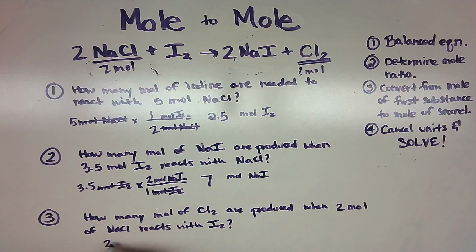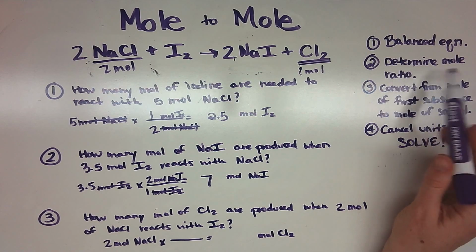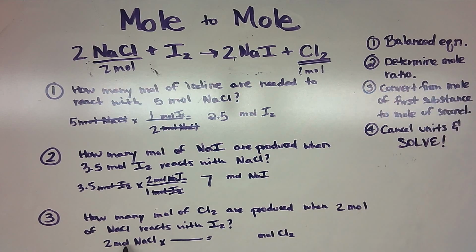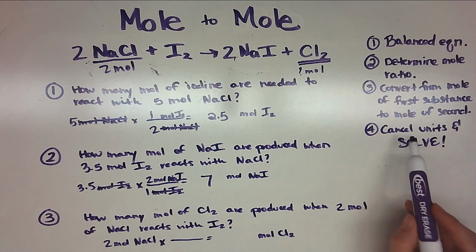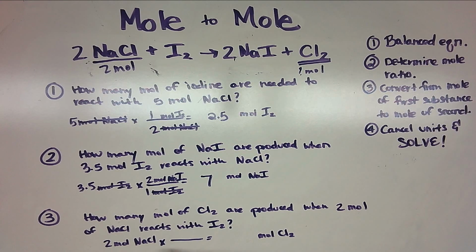I'm starting with 2 mole of sodium chloride, and I'm trying to figure out, well, how many mole of chlorine will I have in the end? So I'm going to determine my mole ratio and use that to convert from mole of sodium chloride to mole of chlorine. Cancel my units and solve.